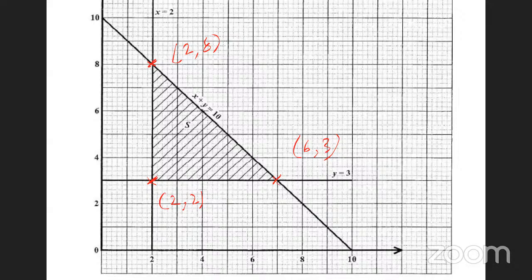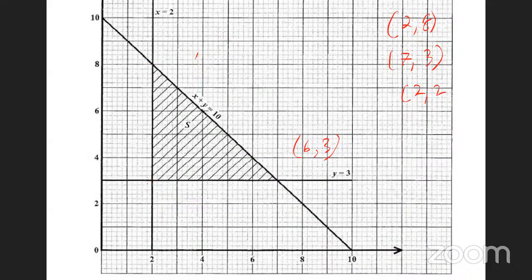So when you reach this part of the question, all you have to do is find the common region and write down those coordinates. 2, 8, 6, 3, 2, 2. Sorry, 7, 3. Thank you. 7, 3. And then we could go back and answer it.